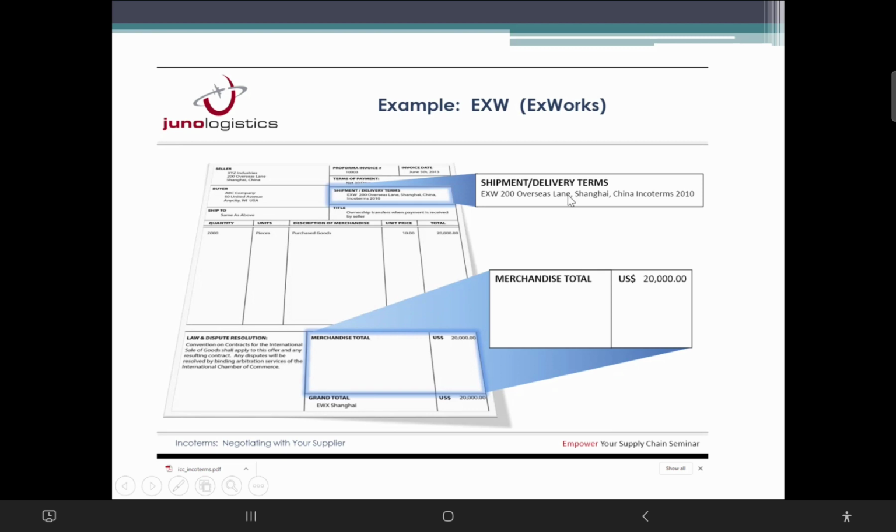If the selected Incoterm is Ex Works, the seller doesn't even need to make export packing. All he has to do is pack the goods and make them available for the collecting vehicle. So the invoice looks like this, because he is going to bill only for merchandise. If the shipment is 20,000, it is only 20,000. Ex Works is very plain because the rest is all taken care of by the buyer.